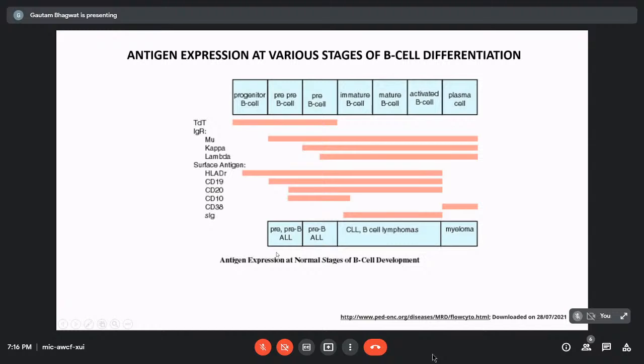So understanding these maturation patterns is very, very important, and I'll emphasize through one or two cases how these maturation patterns are used in diagnosis or in MRD or MDS, etc., for diagnosing all those disease entities.